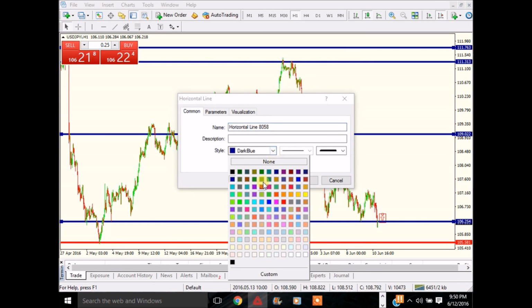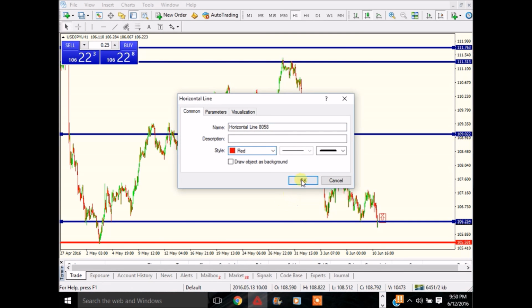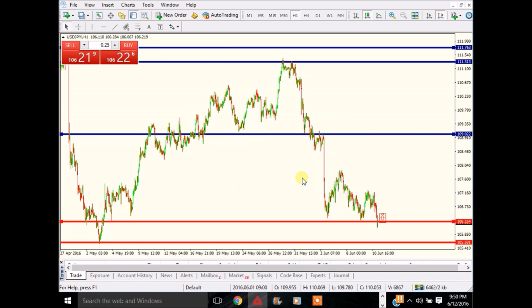Change that to red, guys. I like to keep my support and my resistance lines different colors. That way I can kind of tell the difference so I can really take advantage of it.